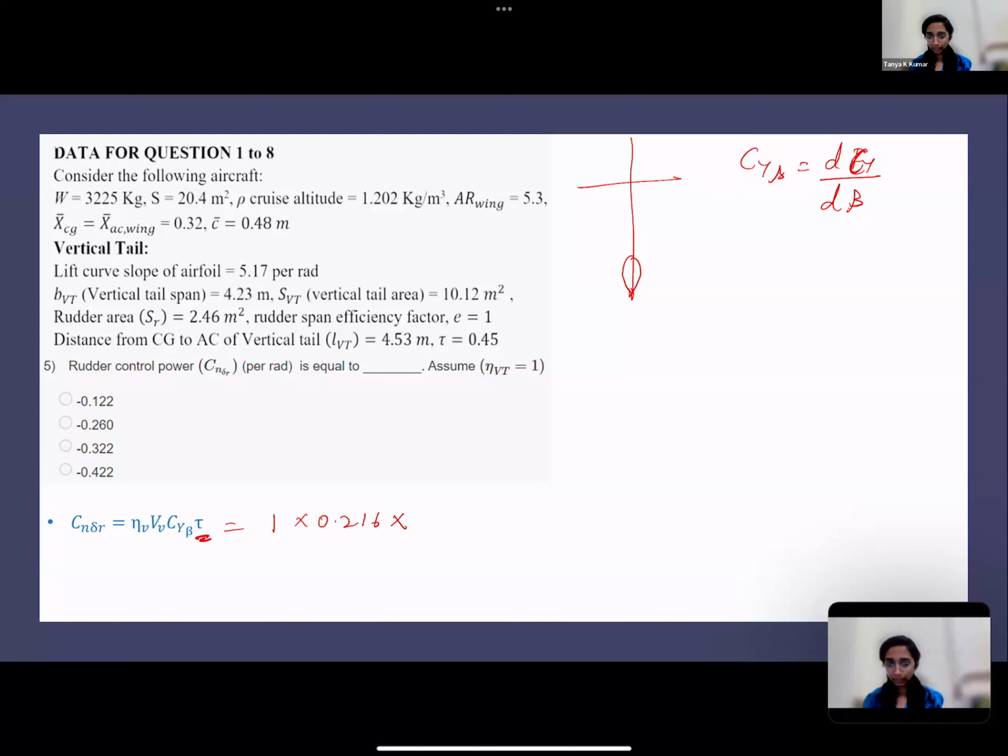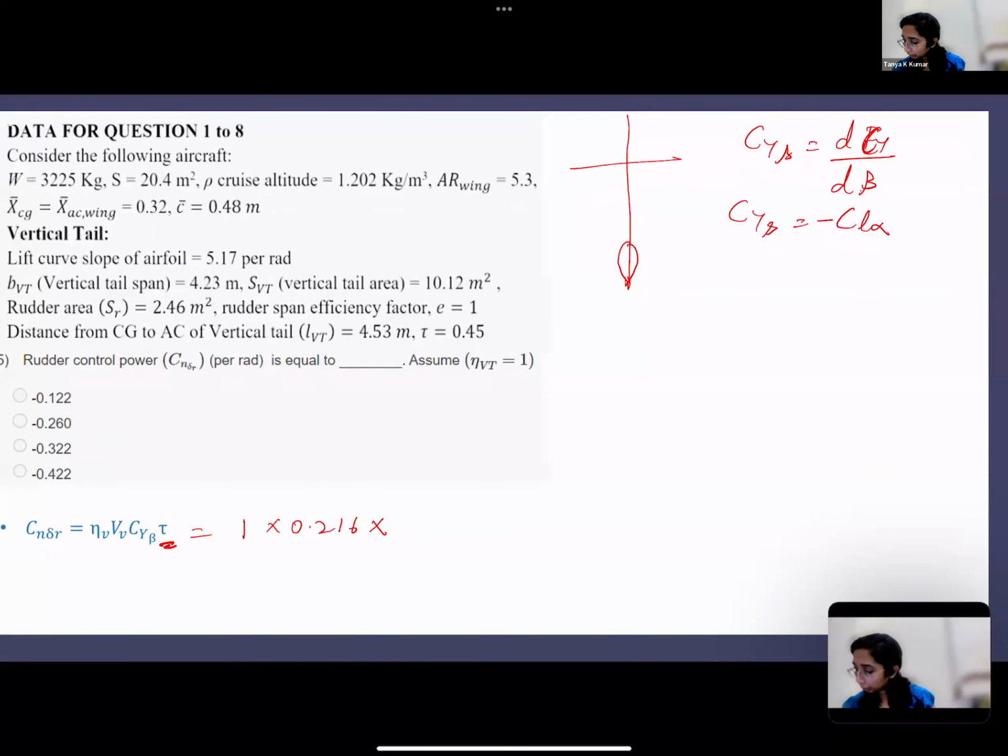Yes, do you understand that? The only difference here is that for a positive beta, a negative force is generated. So Cy beta is like the negative of Cl alpha. It is the negative lift curve slope. Do you understand that?